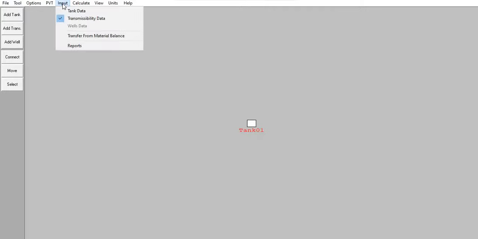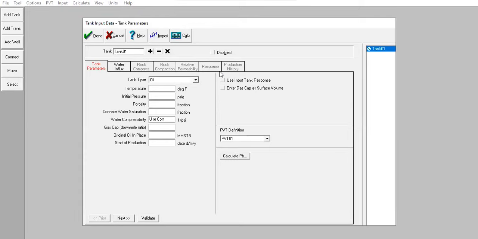We can go to input, tank data. All right, you can follow me for this first tank. Tank type oil, the temperature 210. Initial reservoir pressure 2725.3. Porosity 0.25. Connate water saturation 0.05. Water compressibility, I have the data.